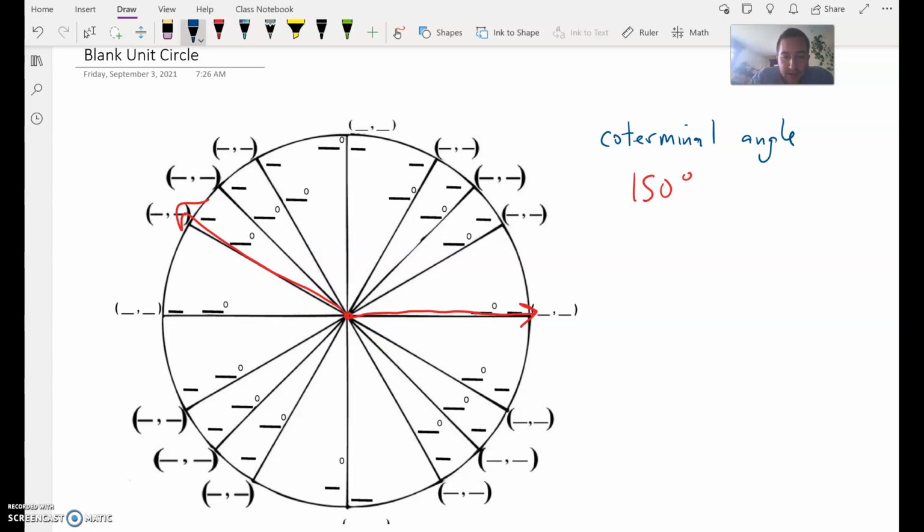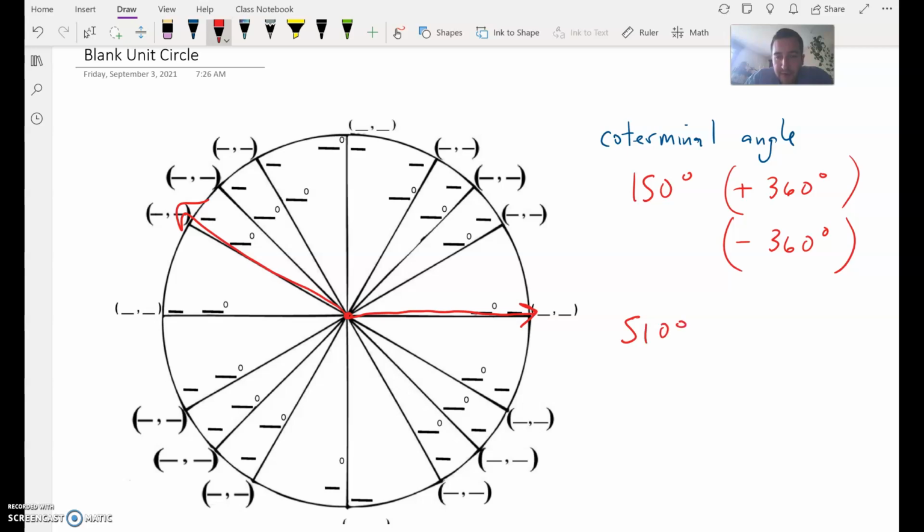Or maybe it was a negative angle. Maybe it went this direction. That would also be in the same spot. You with me? So the way to find coterminal angles is simple. You either add or subtract one full spin, and you will get right back to the same spot. Okay? So if we add 360, we would get the positive coterminal angle of 510 degrees.